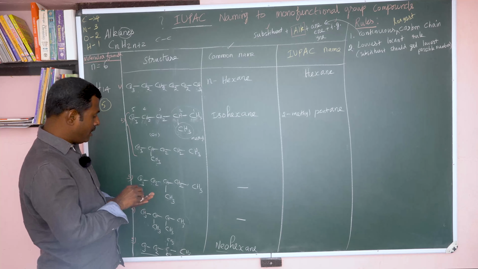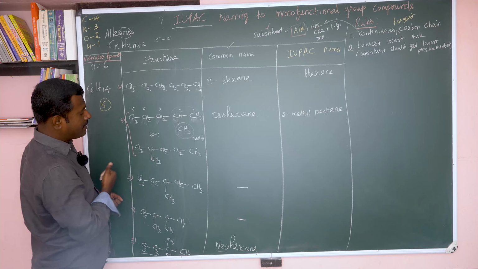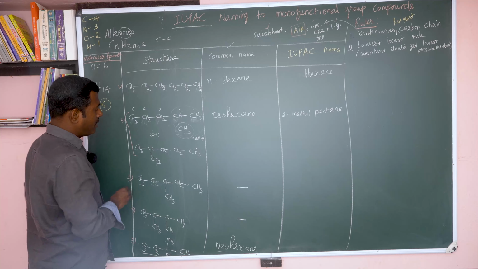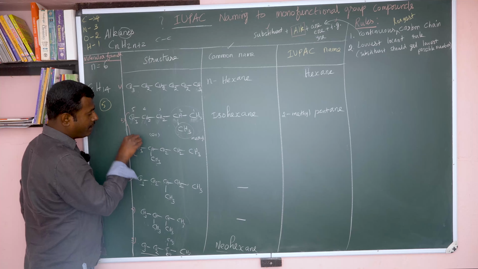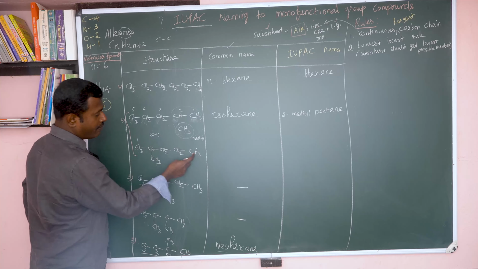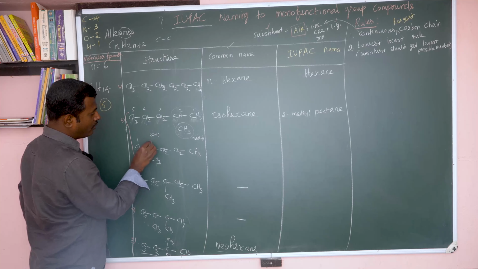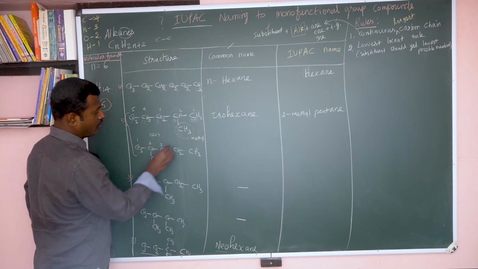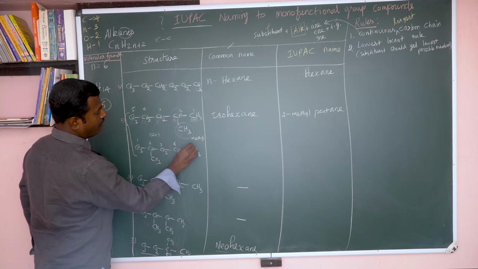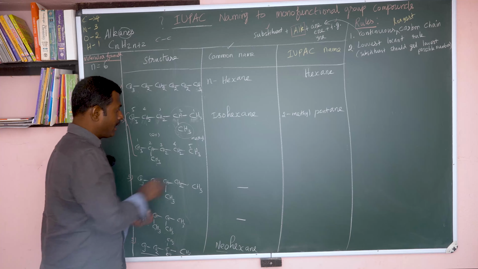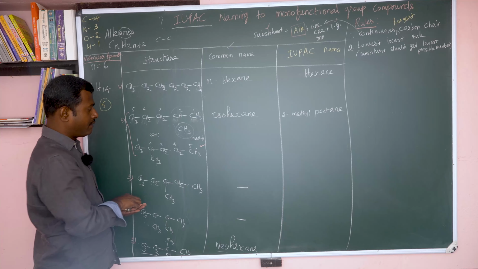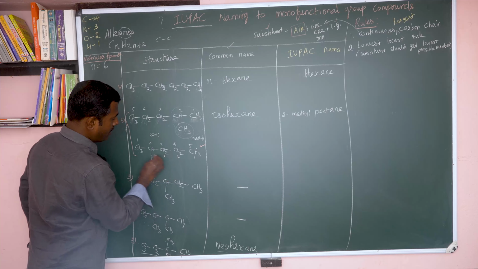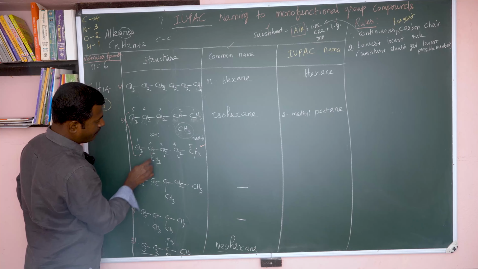If you write this compound like this, then you have to start giving number 1 from here, not from here. Then only this methyl group will get the lowest number, 2. So 2, 3, 4, 5. This is the correct way of giving the numbers. If you start from here, this methyl group will get number 4.